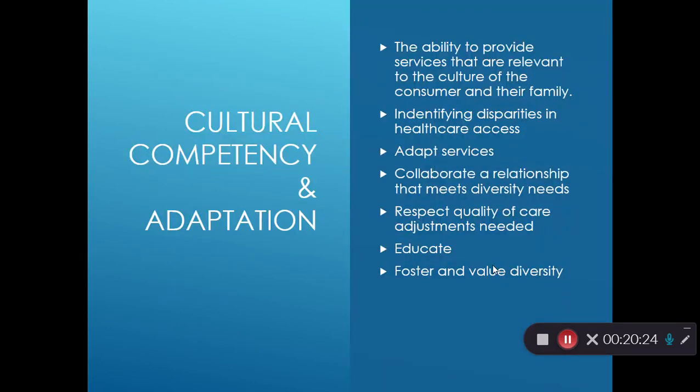And then you have the responsibility of cultural and diverse competencies. How will you ensure that all these people that you have hired that are serving all these people in the community are educated? They understand the disparities.